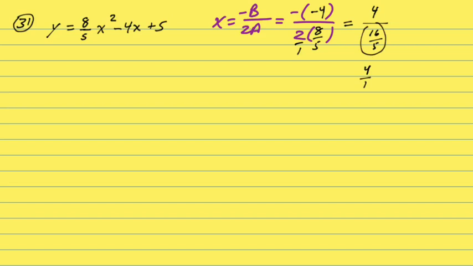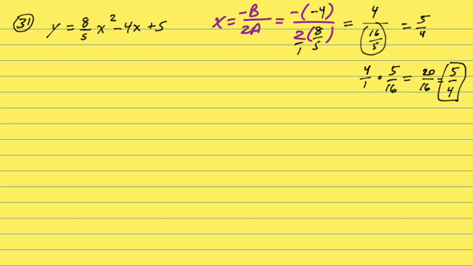How do you divide by 16/5? You multiply by its reciprocal, 5/16. Top times top, bottom times bottom. 4 times 5 is 20, 4 times 4 is 16. So I get x equals 5/4.